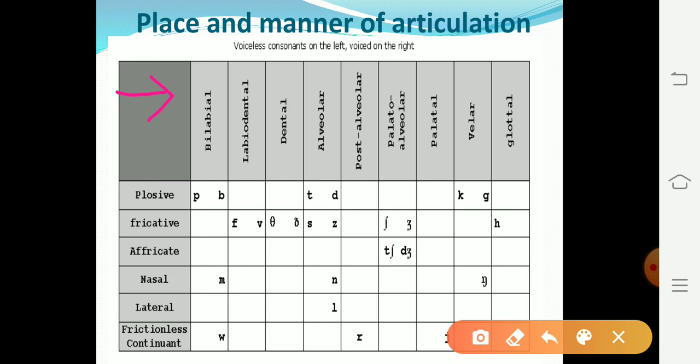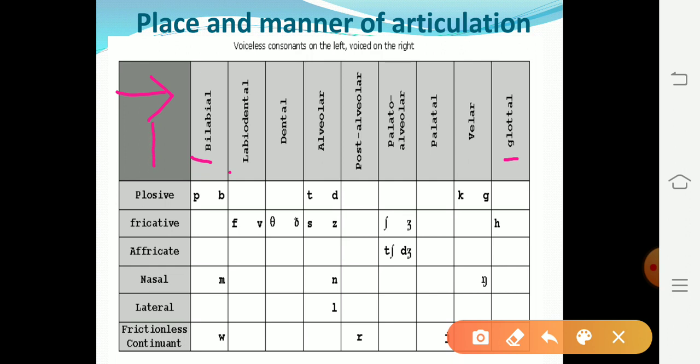It means when we start from bilabial, we move to the glottal. So the columns are arranged from the front of the vocal tract to the back. That is, first is bilabial, then labiodental, dental, alveolar, post-alveolar, palato-alveolar, palatal, velar and glottal.